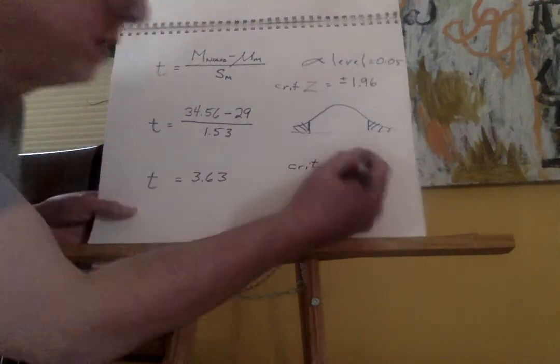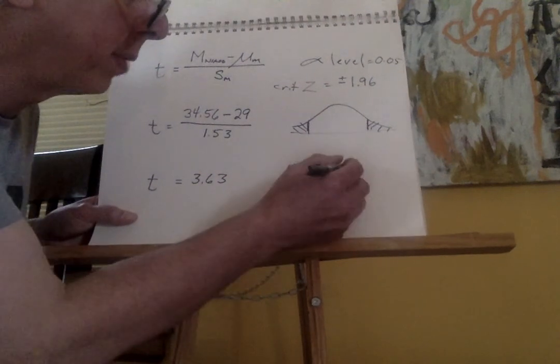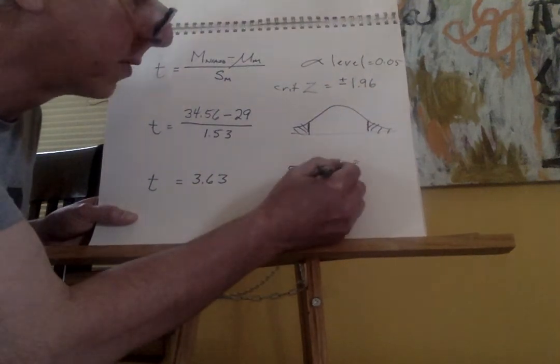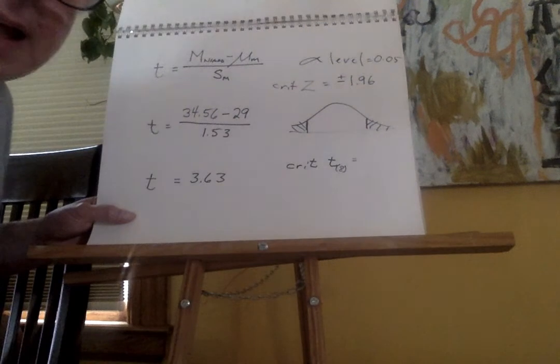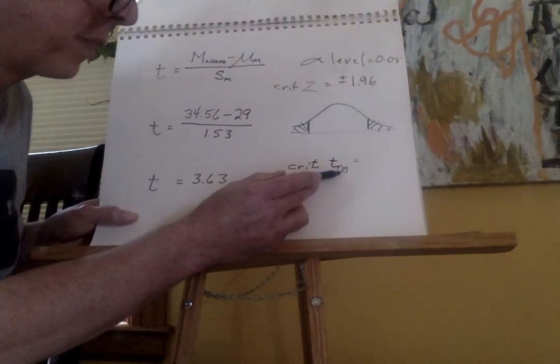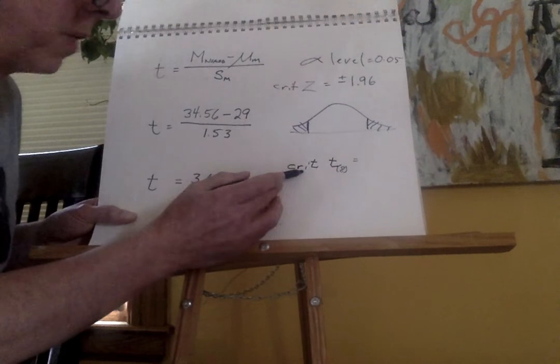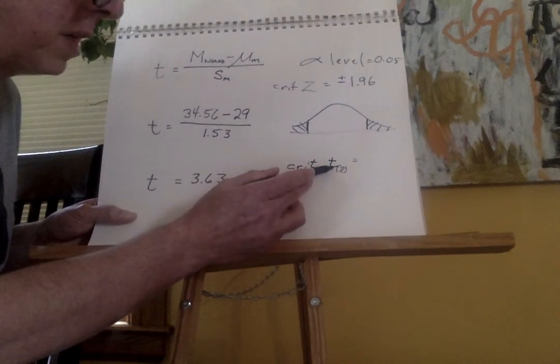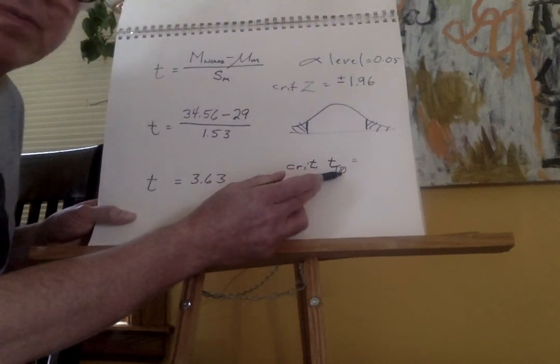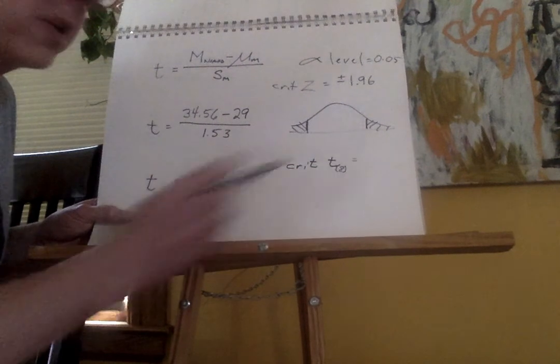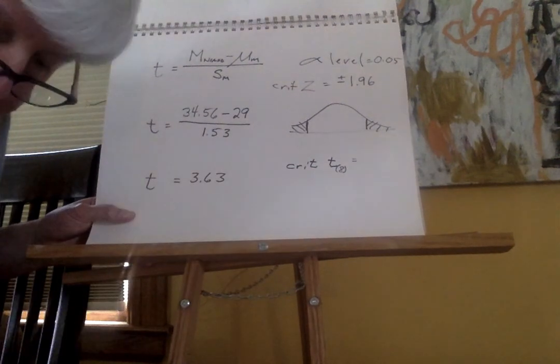So that gives me a value, and I'm going to put 8 as a subscript on my t. Critical value for t with 8 degrees of freedom. Everybody see it?